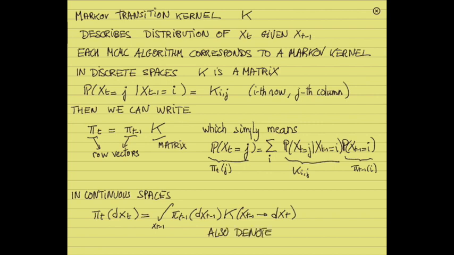So we can write this using the linear algebra notation, even though here it's on continuous state spaces: pi t equals pi t minus 1 k. And we will also write the iterate of this kernel as, for example, pi t equals pi 0 times k to the power t, which means k to the power t describes the transition over t steps of the Markov chain. And in the case of finite discrete state spaces, it's exactly the matrix power.